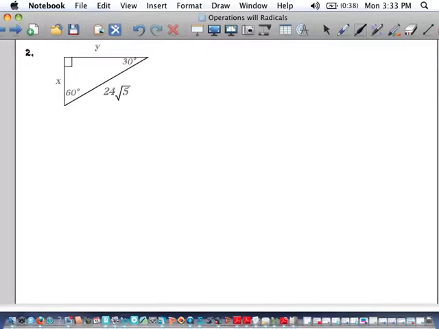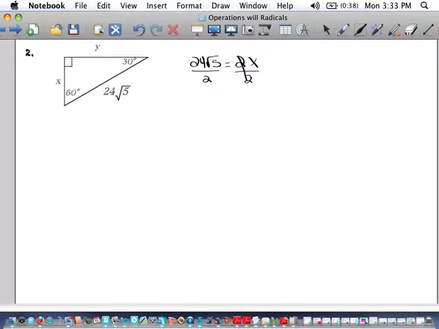In the next example, this time I'm given the hypotenuse. Remember, the relationship between the hypotenuse and the short leg is that the hypotenuse, 24 square root of 5, is equal to 2 times the short leg x. To solve this, you're going to divide by 2.